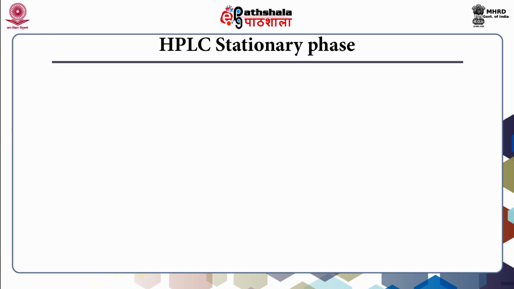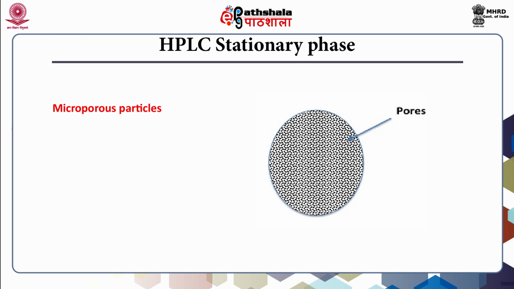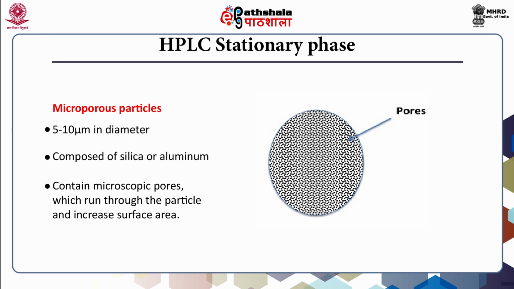You can see in this slide, the microporous particle looks like a very round spherical particle containing so many pores on its surface. So, this is a microporous particle. Its diameter is 5 to 10 micrometer, and these particles are mainly composed of silica or aluminum, and they contain microscopic pores.